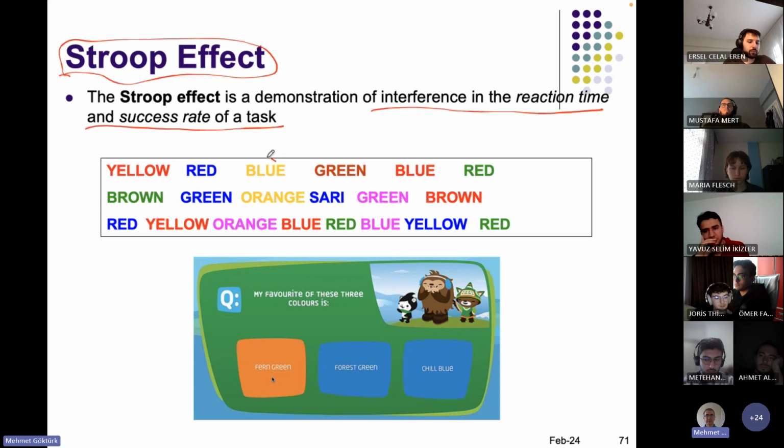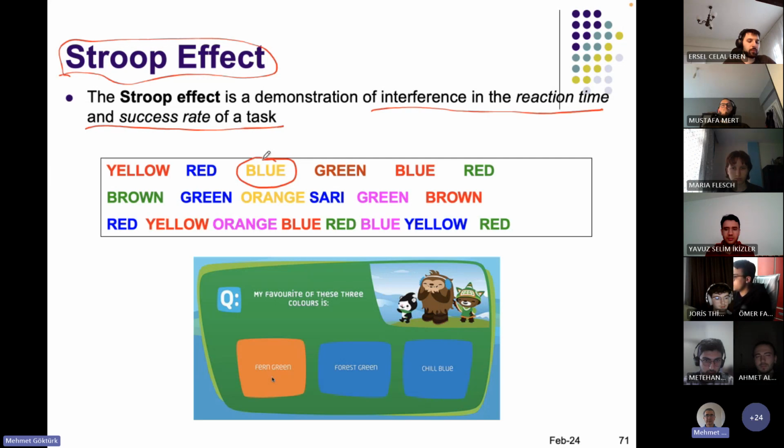The word says blue in text, but its color is not blue. So when I try to identify how many blue words are there, I will have difficulty.